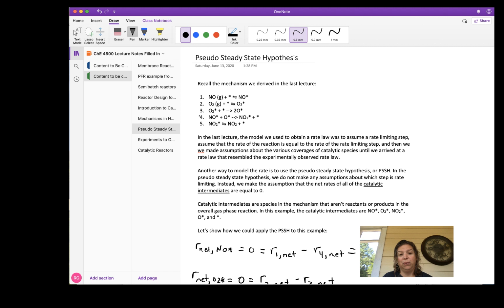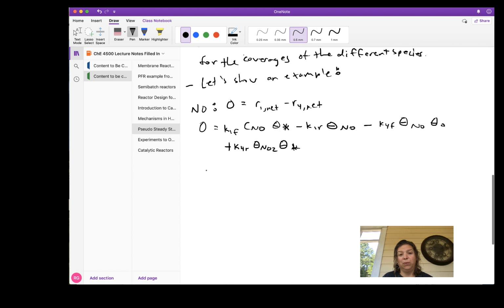So the rate of reaction 4, for example, this reaction would have to turn over twice in the time that this reaction turned over once. So the rate of reaction 4 would be equal to 2 times the rate of reaction 3. That expression, either the rate of reaction 3 or 2 times the rate of reaction 4, would be the rate of the reaction. This is the pseudo-steady state hypothesis we often use in kinetic modeling.